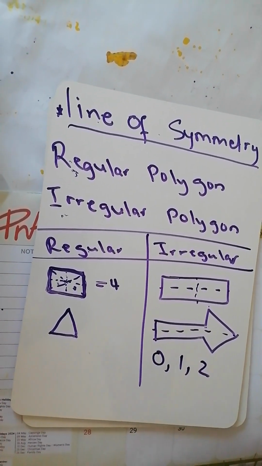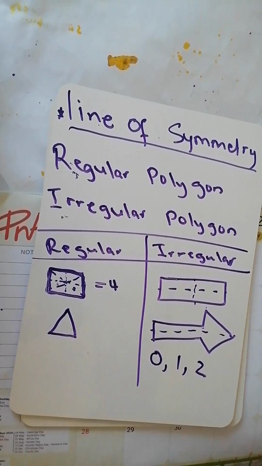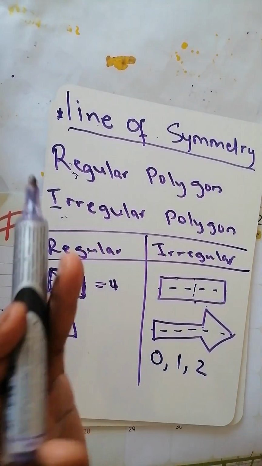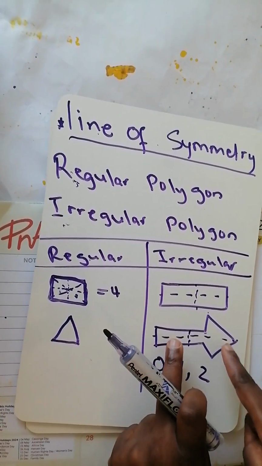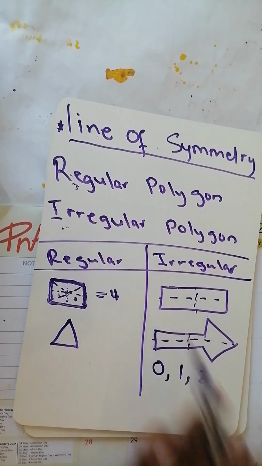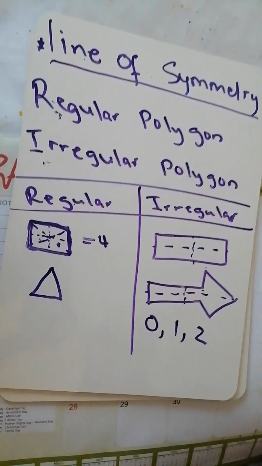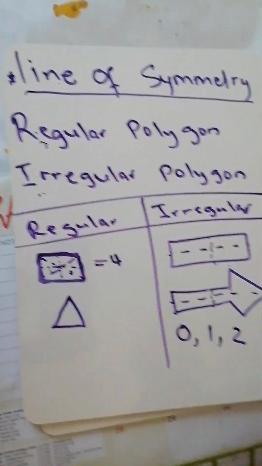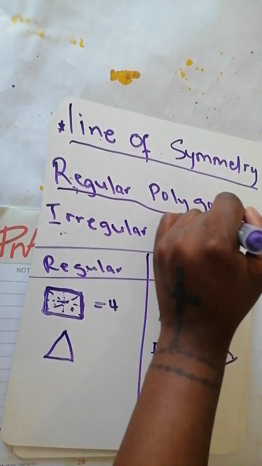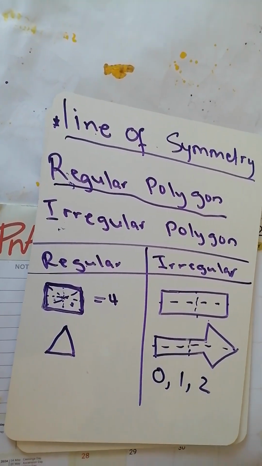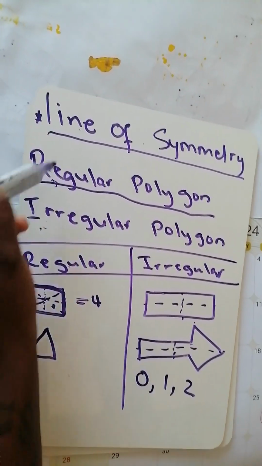A line of symmetry is a line that can cut a shape into equal parts. If I cut this shape like this, this part is not equal to that, therefore we can't say this is a line of symmetry. A line of symmetry always makes sure that when you cut the shape, the parts you are cutting are equal.